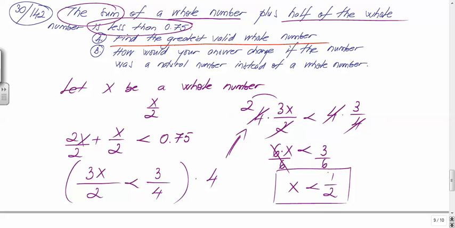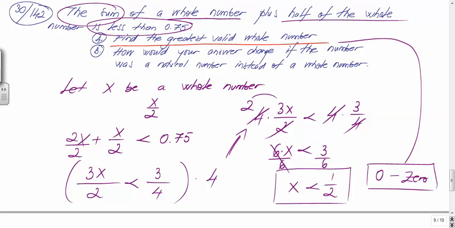What do you guys think? The only whole number less than that would be 0. So your answer here will be 0. And that's the answer for A.